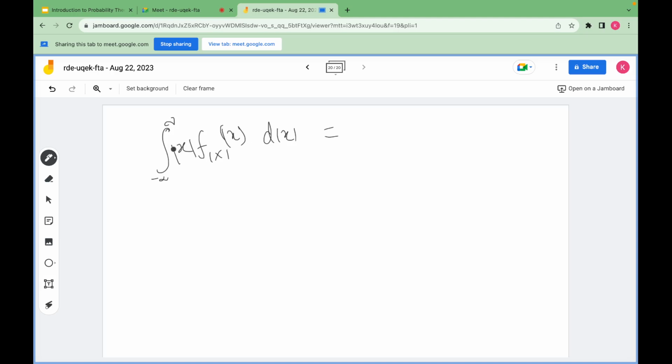This is also mod x, and this is in the mod form, and this is d of mod x. So this is nothing but minus e to the power minus mod x into mod x plus 1. We open this, from minus infinity to infinity.